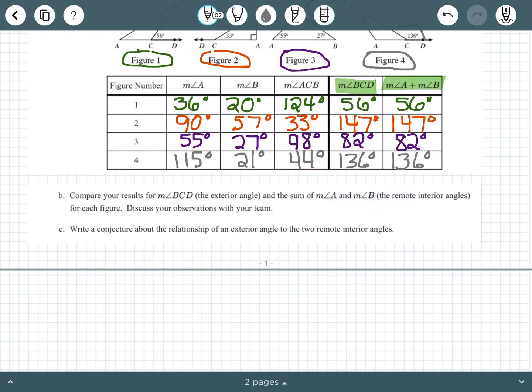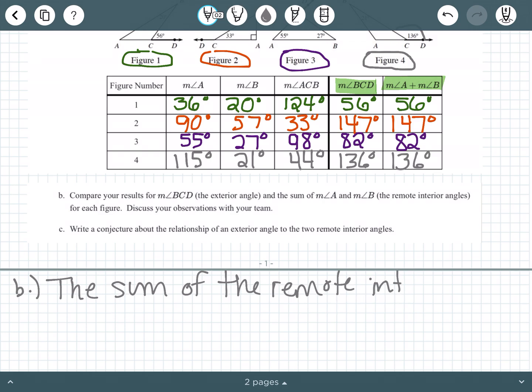All right, so what I notice right away, and I hope you do too, is that if we look at the sum, which is going to be this column here, so that is the sum of the remote interior angles, I noticed that the sum is equal to the measure of the exterior angle.